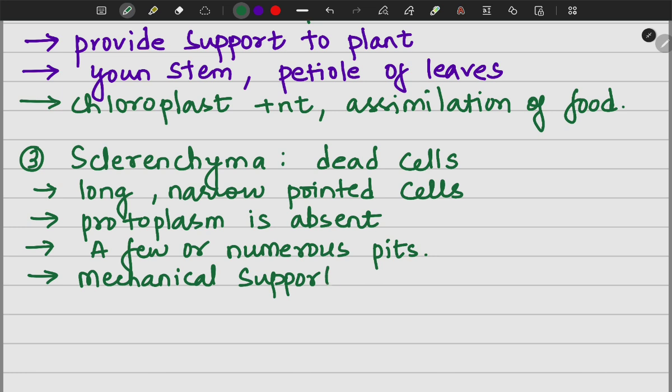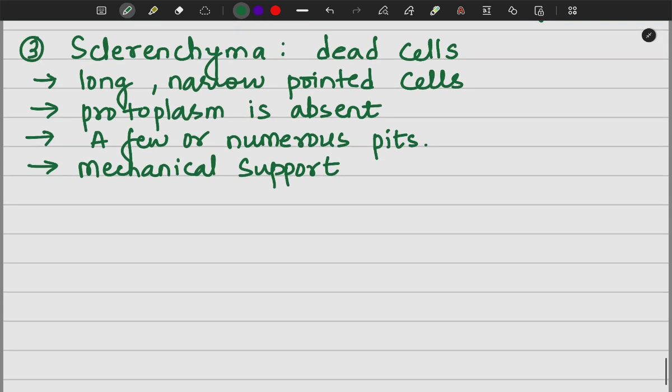Because they are dead cells, they cannot perform any other function except the mechanical support, right? And yeah, so let us understand with the help of diagram. So if we talk about sclerenchyma, then sclerenchyma cells are of two types, fibres and sclereids.